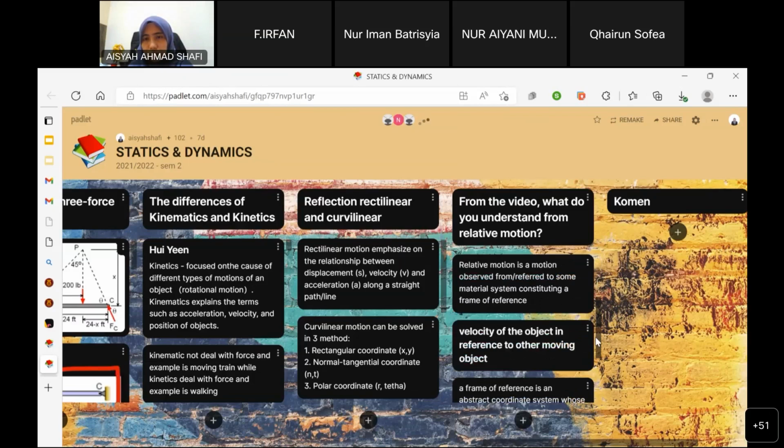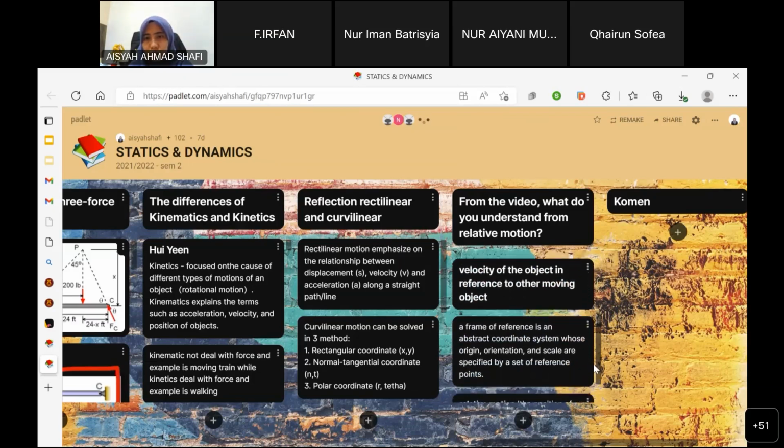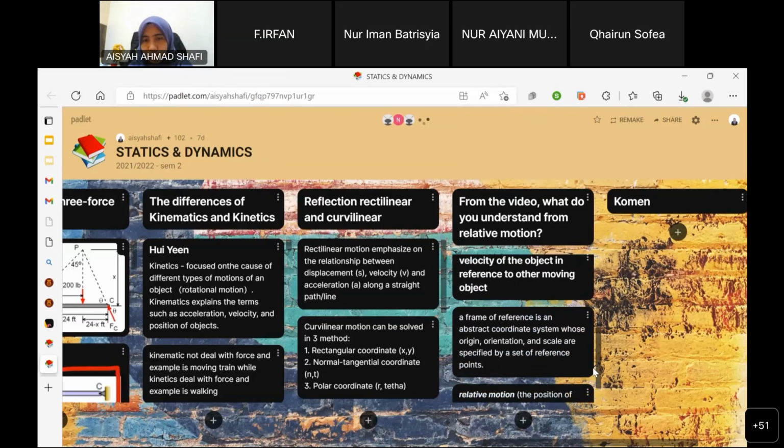Thank you to whoever shared here. A frame of reference is an abstract coordinate system whose origin, orientation, and scale are specified by a set of reference points.